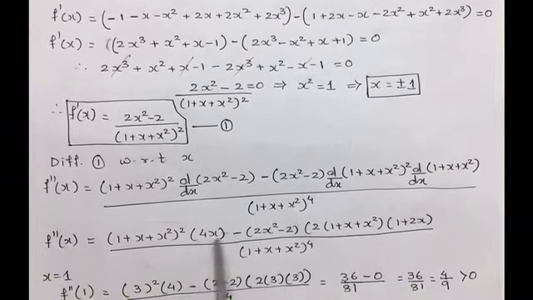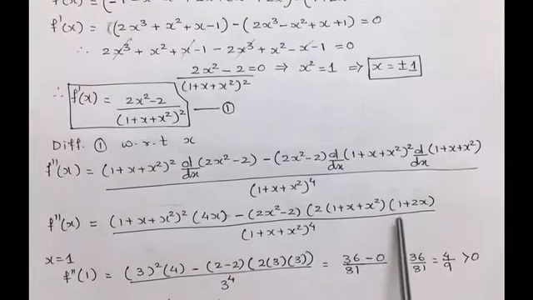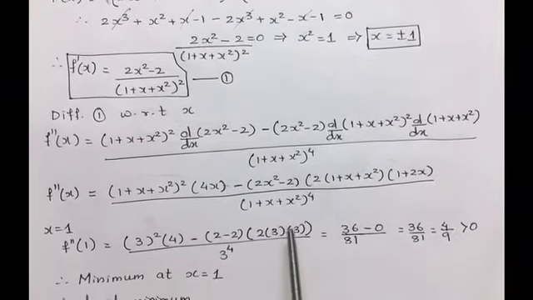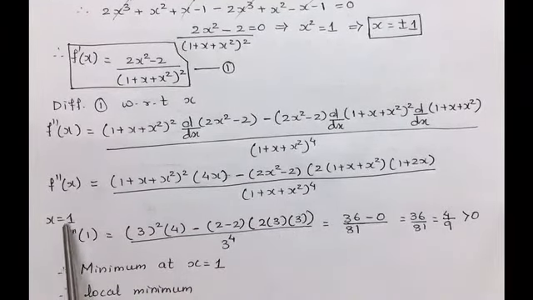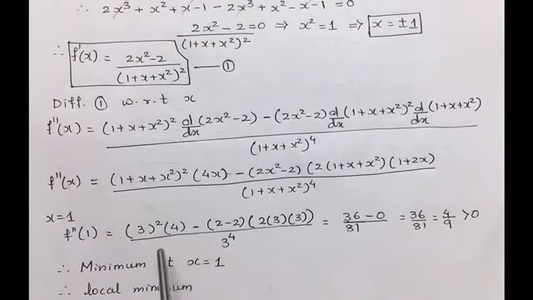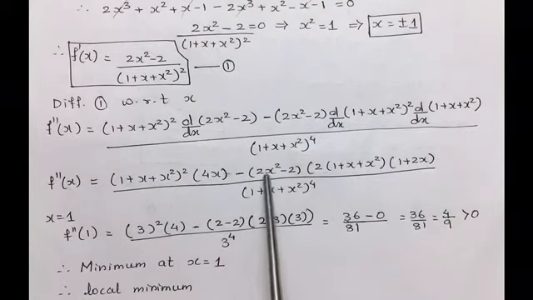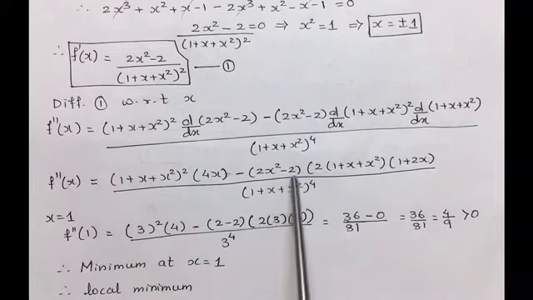Now instead of going for expanding it, in this statement, keeping the value of x equal to 1, we get the first bracket as 3 square and 4, minus the second bracket will be completely 0, as substituting 1 in 2x square minus 2 will make it 2 minus 2.